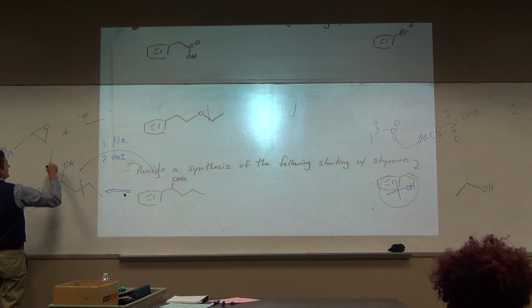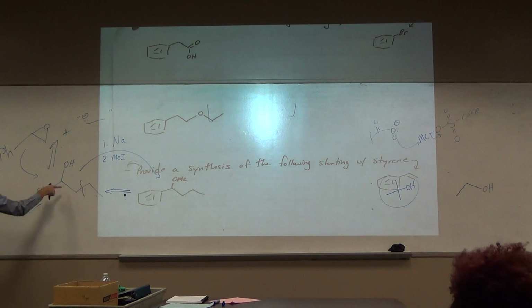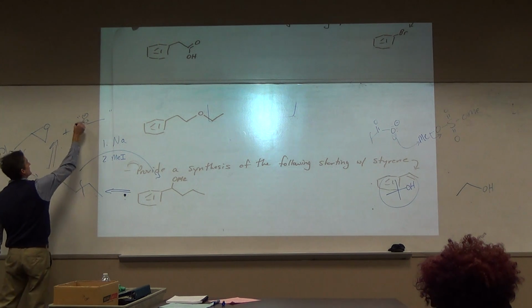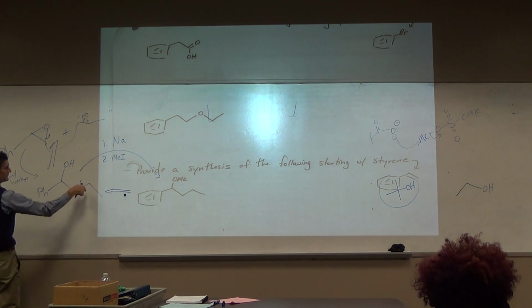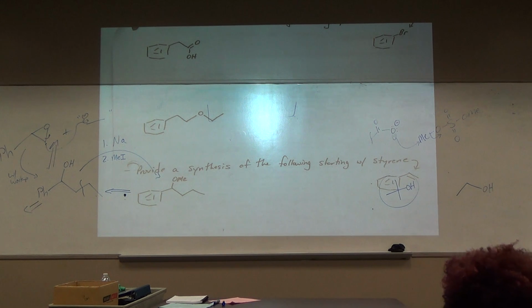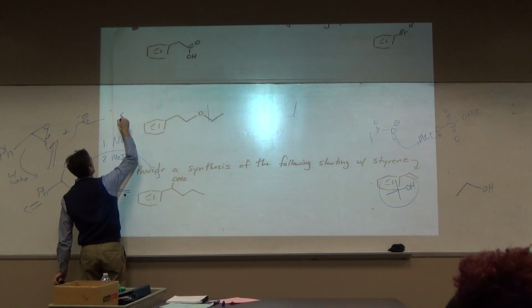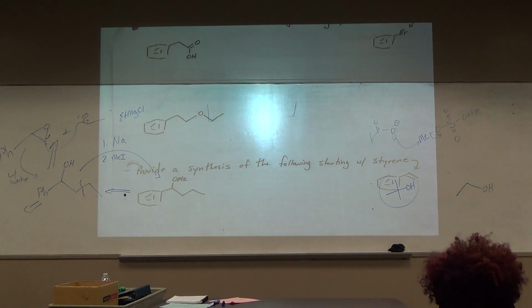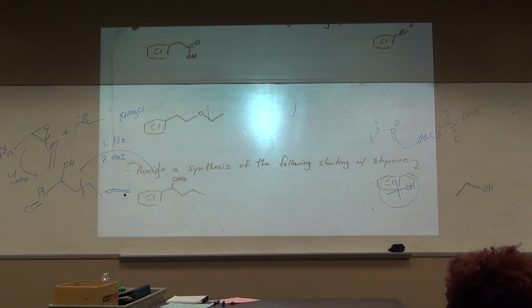Would that give this product on workup? Yeah? These electrons attack here, kick that off, make that bond. Now this is really like ethyl magnesium bromide or chloride, right? That's a Grignard. Or you could use ethyl lithium. Basically, we can back this up to the epoxide. Everybody with me?